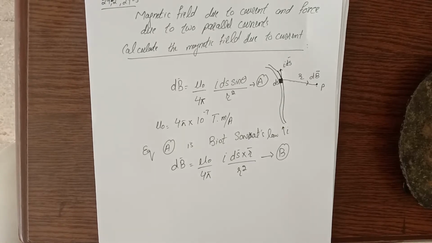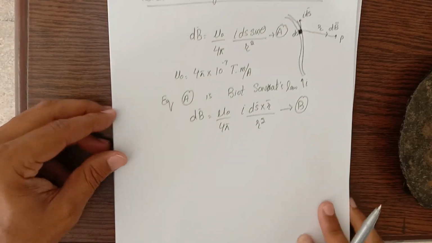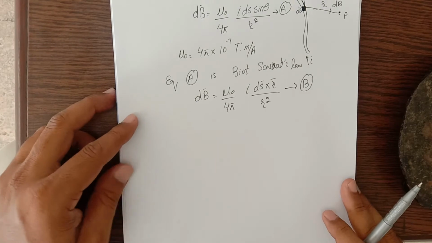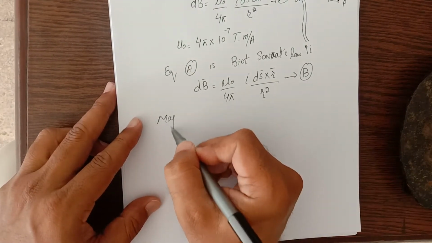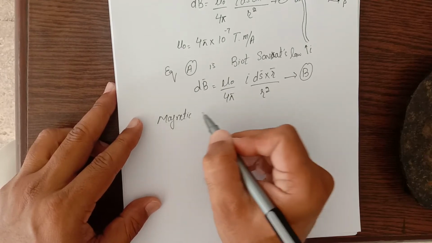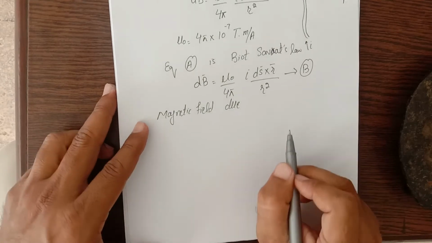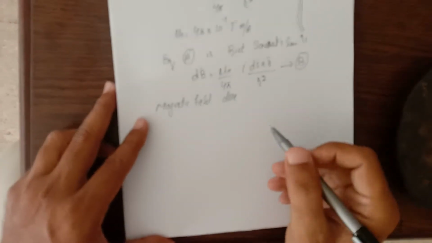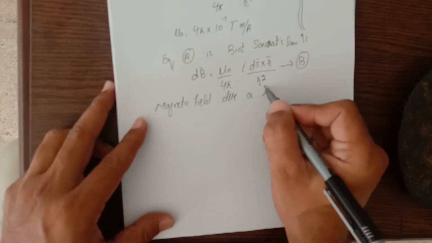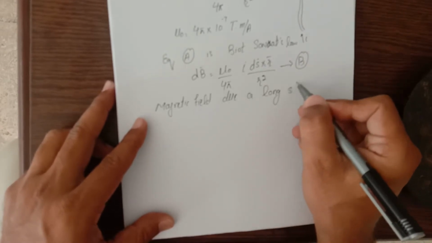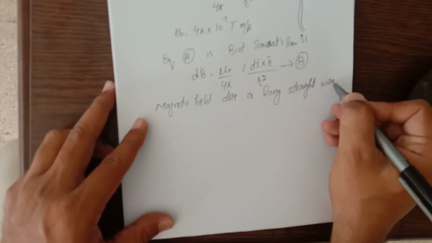First of all, I would like to find the magnetic field due to a long straight wire, right?